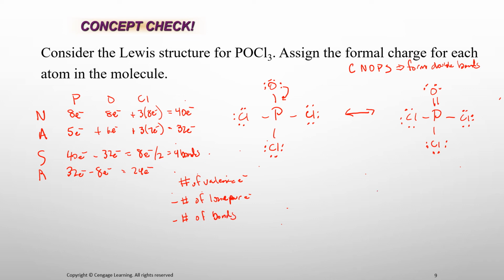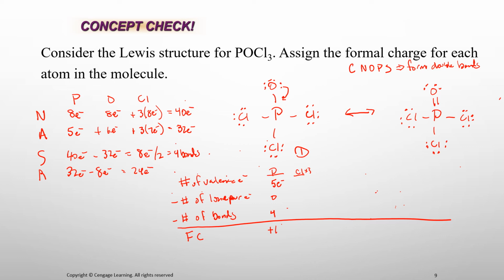Okay, so looking at structure number 1, if I'm dealing with the phosphorus, again, it has 5 valence electrons, it has 0 lone pair electrons, and it has 1, 2, 3, 4 bonds, so it will have a formal charge equal to +1. For each of my chlorines, notice in this instance that my chlorine atoms are all identical, so I can look at each one individually and just multiply it by 3.